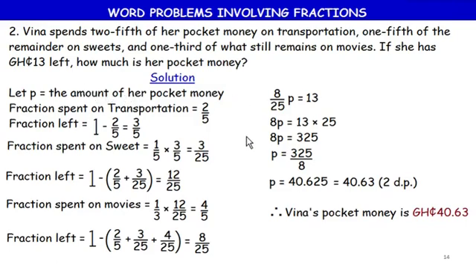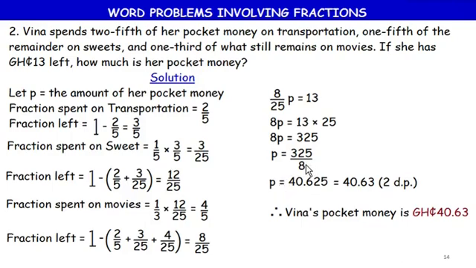So how do we find her pocket money? Now we can equate the fraction left to the 13 here. It means 8/25 of her pocket money is equivalent to the 13 cedis that was left. So we are going to multiply the 25 by the 13. You're going to get 8p is equal to 13 times 25, so we have 8p is equal to 325. Then we divide both sides by 8.